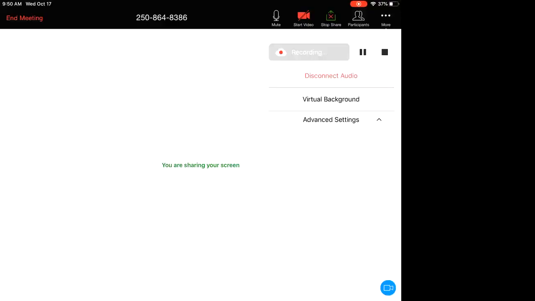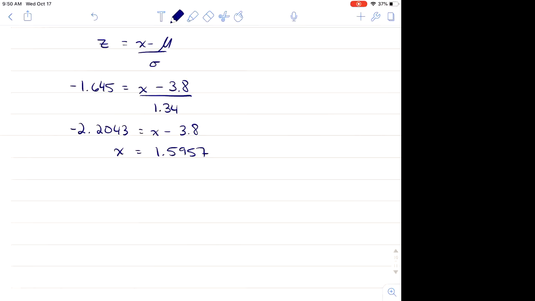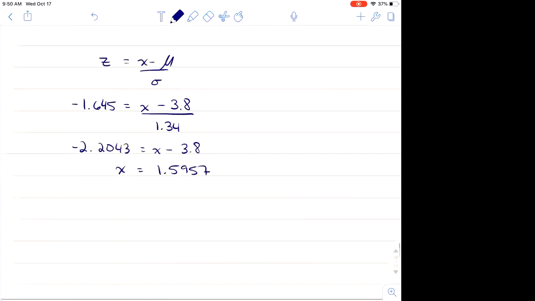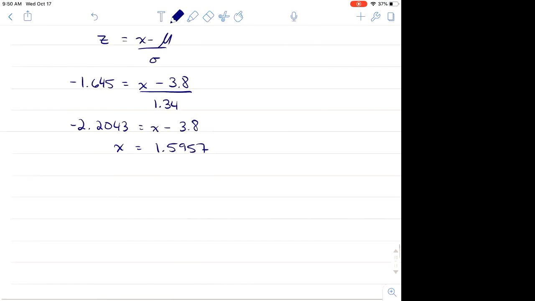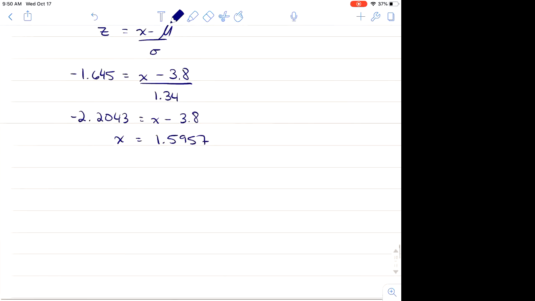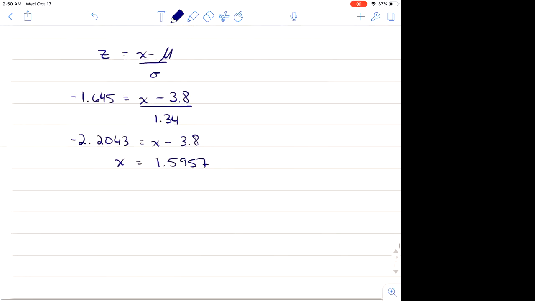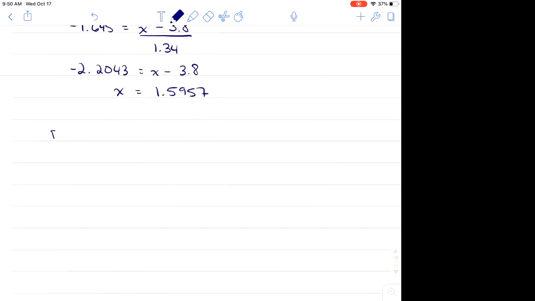Okay, we're back. So the lower end is going to have an X of 1.5957. So now the upper end. So for the upper bound, use z equal to positive 1.645.